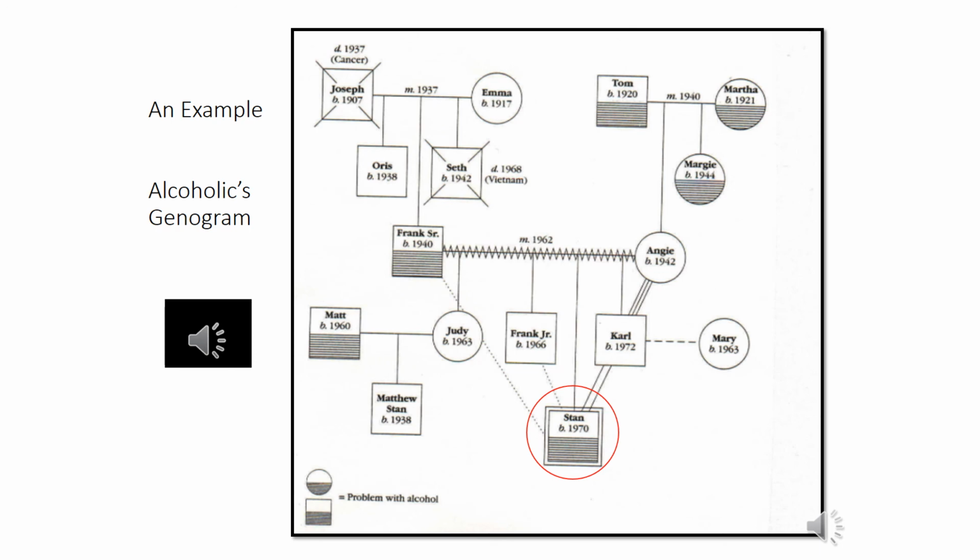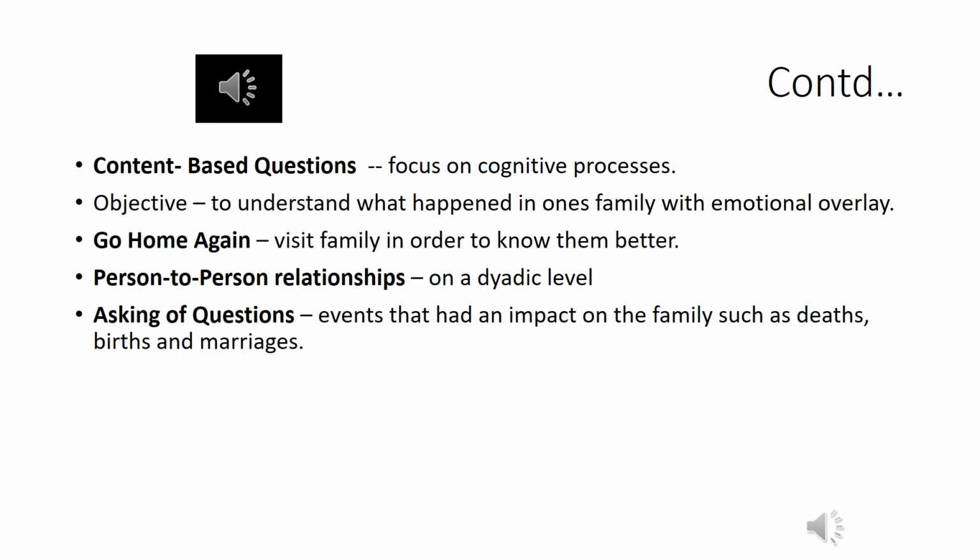Other techniques involve content-based questions, which are used in order to explore the cognitive processing of the individual. Similarly, these questions to explore cognitive process are objective in nature in order to understand what happened in one's family with the emotional overlay, and that helps in order to resolve the problems.